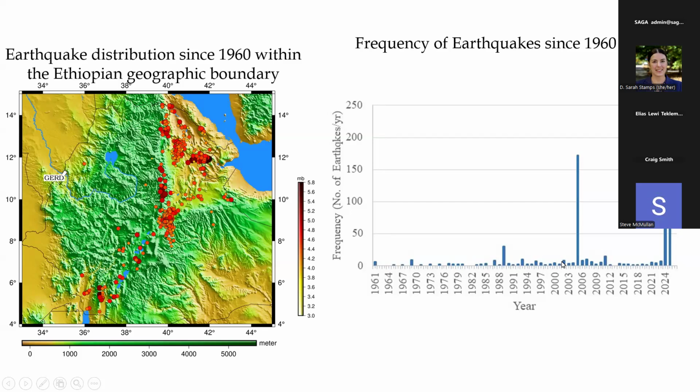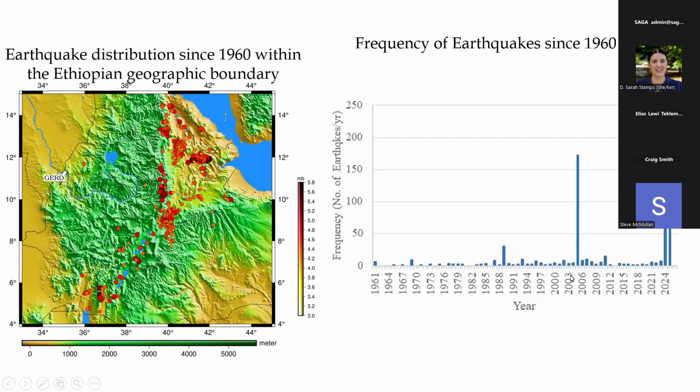But when I'm talking about these earthquakes, they are earthquakes above magnitude 3. What we register in Ethiopia is many more earthquakes, but this is what I downloaded from the USGS homepage. As you can see here, there are two major peaks.